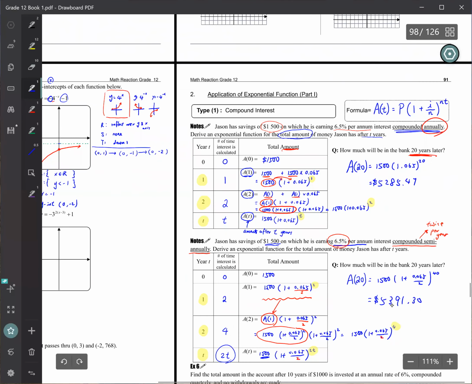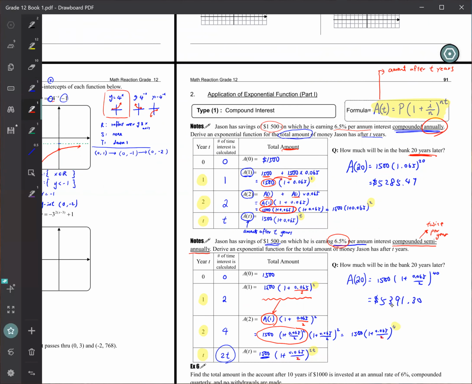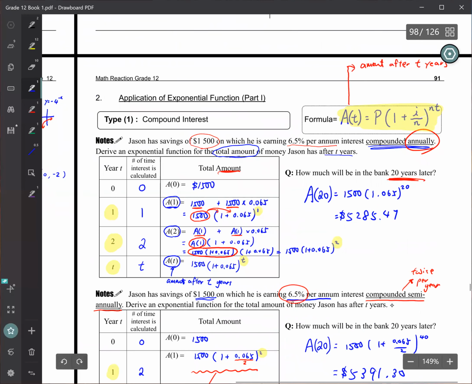Take a look at what we have at the bottom. Okay, let's write down what each one means. This is amount after t years. Okay, the first part. And then the P is the principal amount, or the amount you deposit, okay?